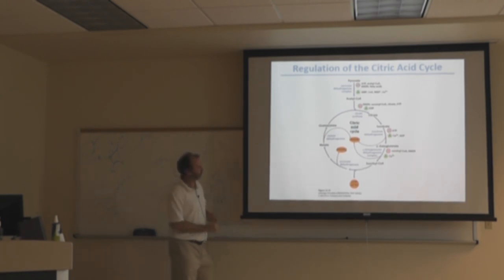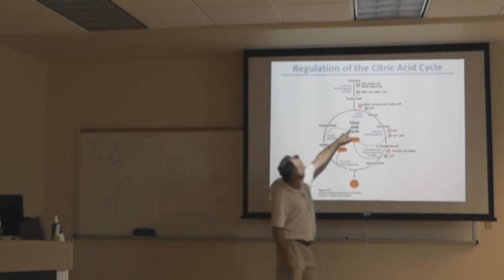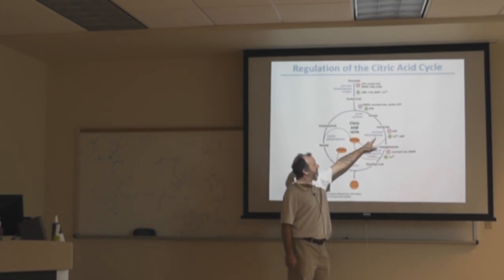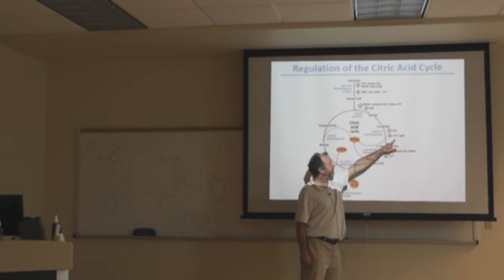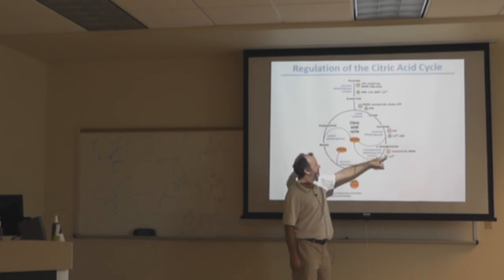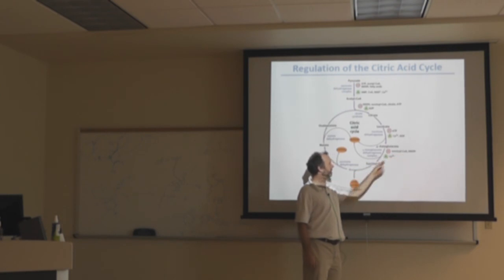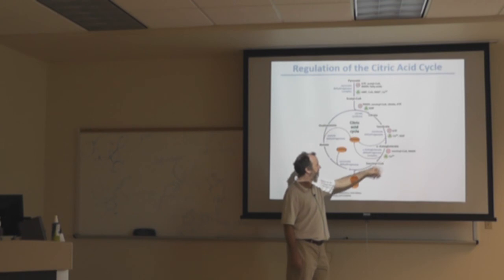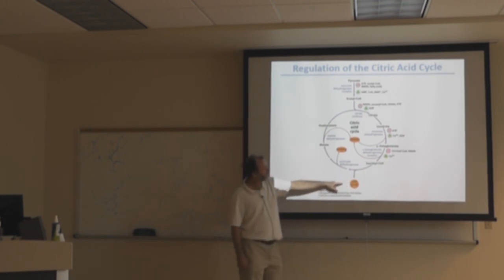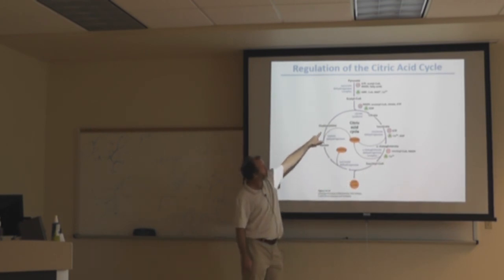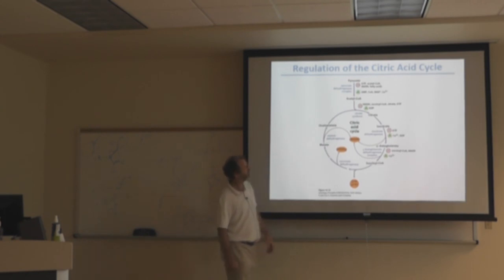So then isocitrate dehydrogenase, ATP inhibits it again. Calcium and ADP activate it. Alpha-ketoglutarate dehydrogenase: succinyl-CoA, product inhibition. NADH inhibits it, and calcium activates it. And those are the regulated steps right there.